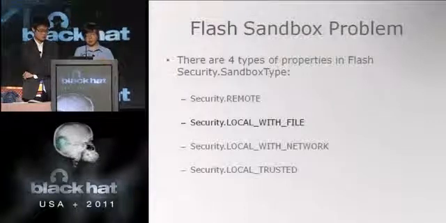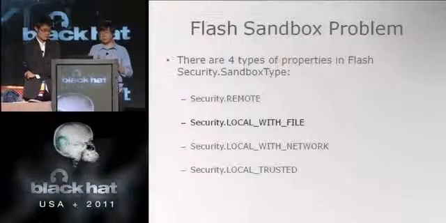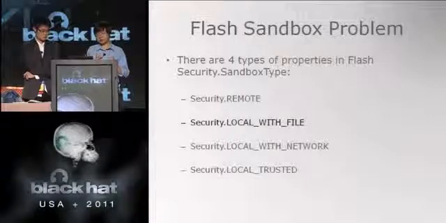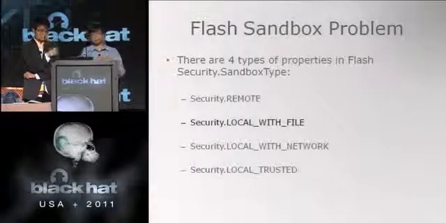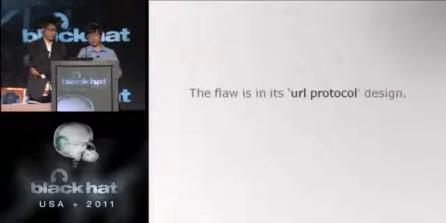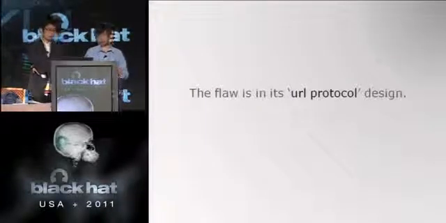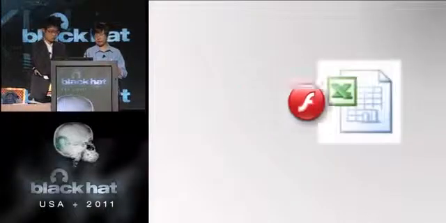So in our example, we are using local files. So the setting would be security.local with file. It allows access to local files and does not allow network connection. The flaw is in its URL protocol design. We embed a Flash object in an Office document.